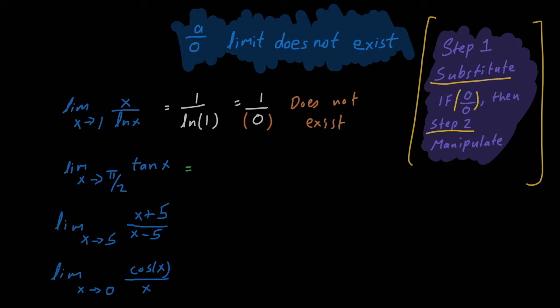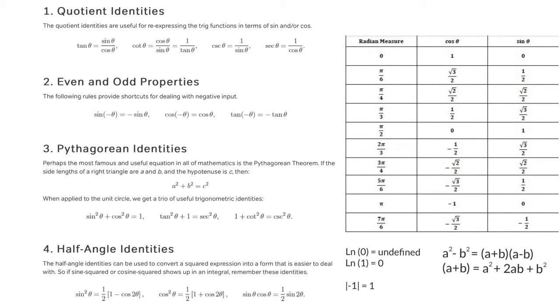Question 2. Limit as x approaches pi divided by 2 of tan x. Let's jump to the formula sheet to find an answer. Here in the quotient identities, you can see that tan theta is equal to sine theta over cos theta. So we can write tan pi by 2 as sine pi by 2 divided by cos pi by 2.